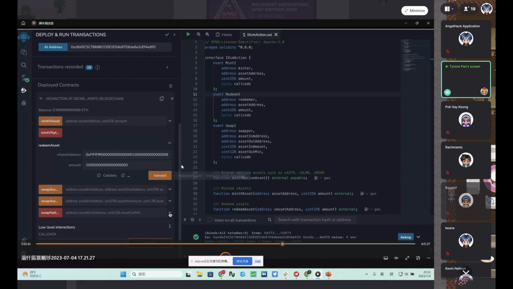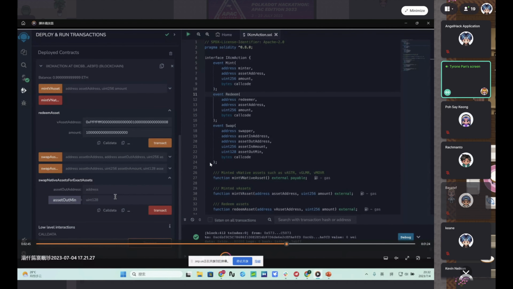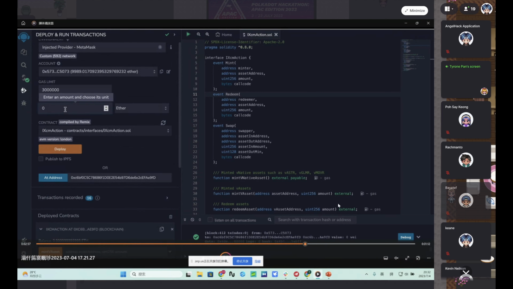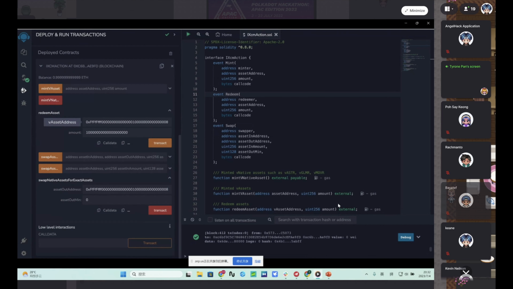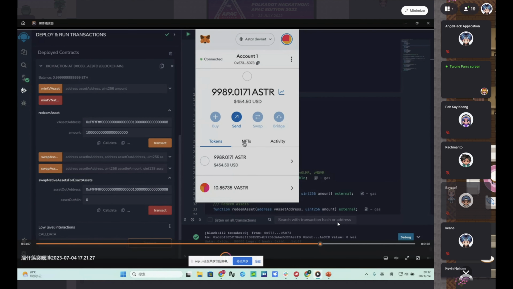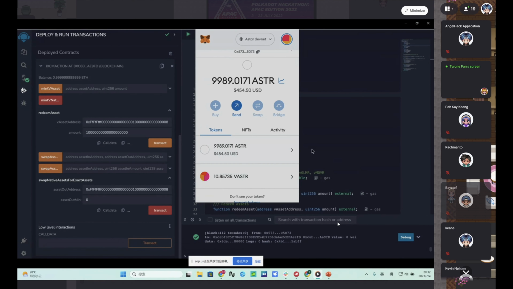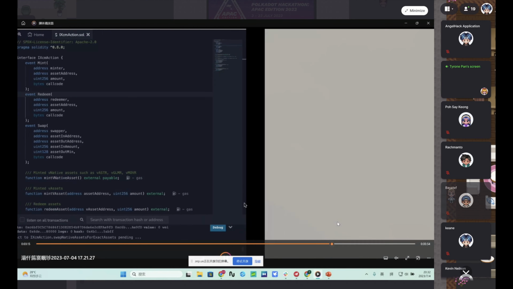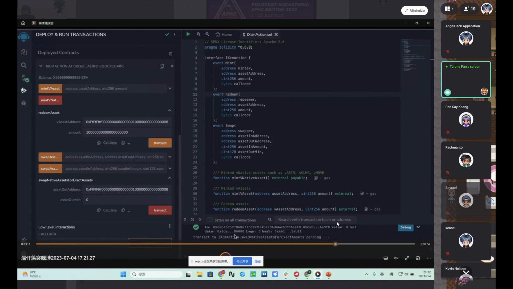And the last one is the swap function in this contract. So the swap executes via XCM.